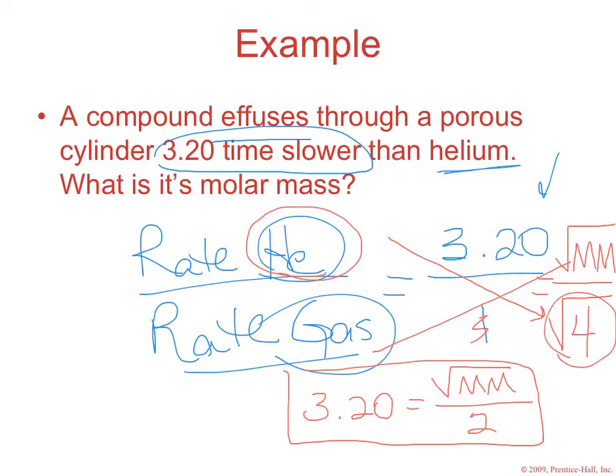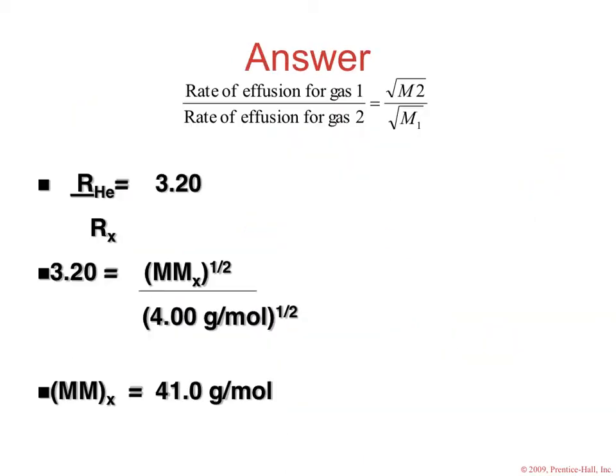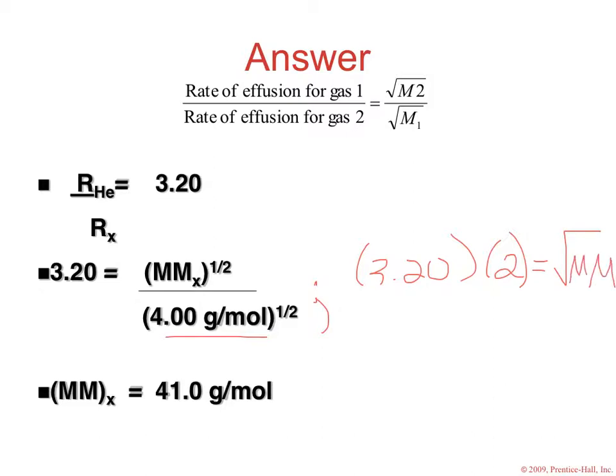Alright, so then I would just solve for the molar mass of the unknown gas, which I'll do on the next page. So if I rearrange this, I would get 3.2 times square root of 4, which of course is 2, equals the square root of the molar mass of the unknown gas.